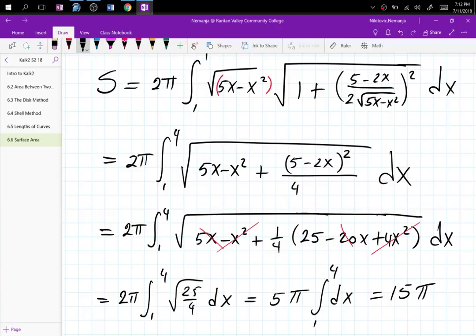So the 4 just divides out of the 4. 4 divides each one, right? Oh, and then 25 over 4 is because the quarter was left. Yes. And then 20 divided by 4 is 5. You have positive 5x, negative 5x, they die as well. So the only thing that is left is positive 25 over 4, whose square root is 5 halves. Divide by 4. Half kills 2, and you just have 5 pi integral.